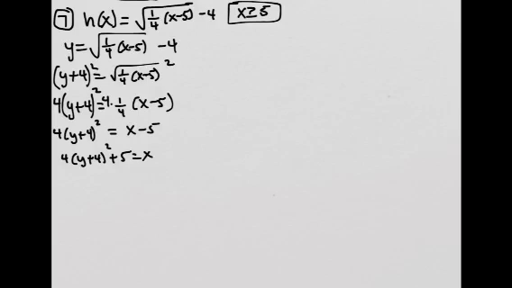Now we switch the x and the y, and we get 4 times the quantity of x plus 4, squared, plus 5 equals y. And then write it in, oops, it's h, not f. So h inverse of x equals 4 times the quantity of x plus 4, squared, plus 5.